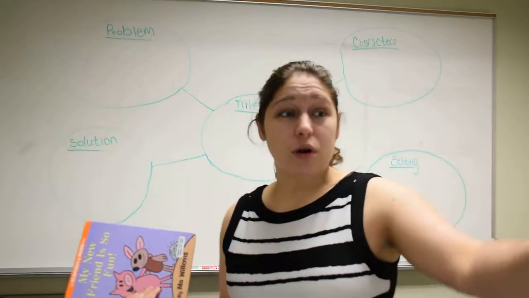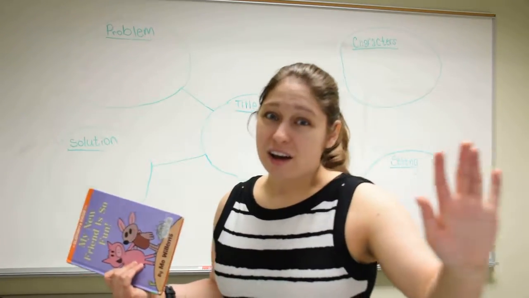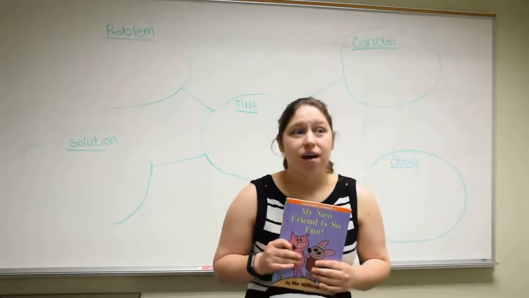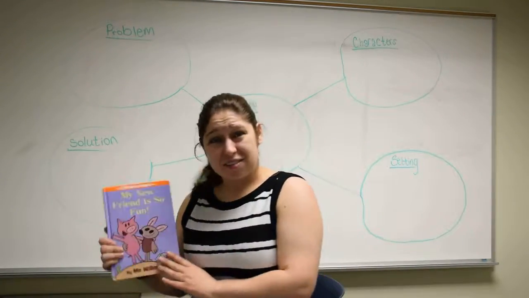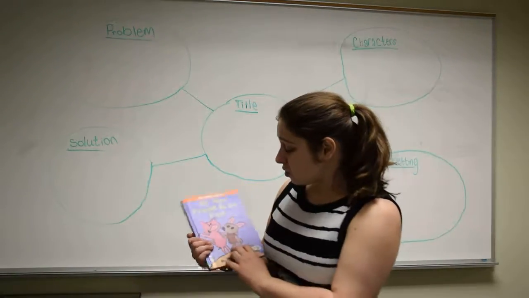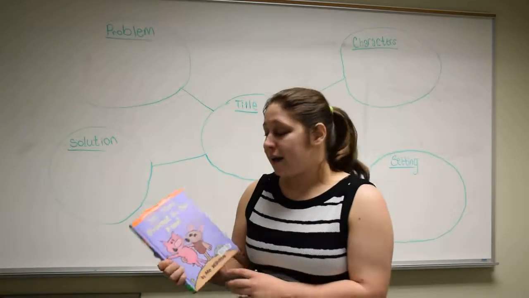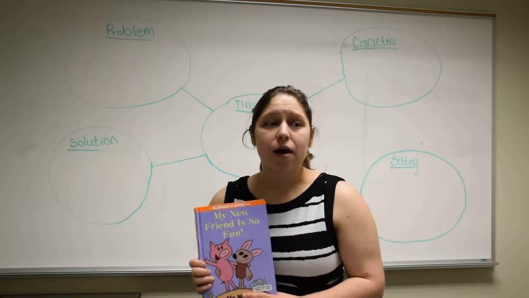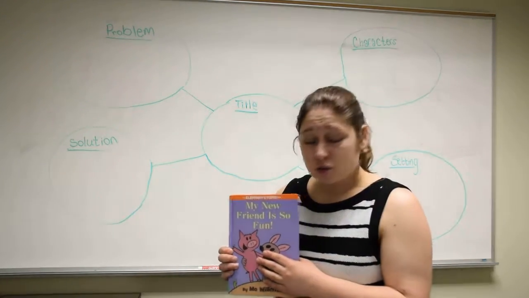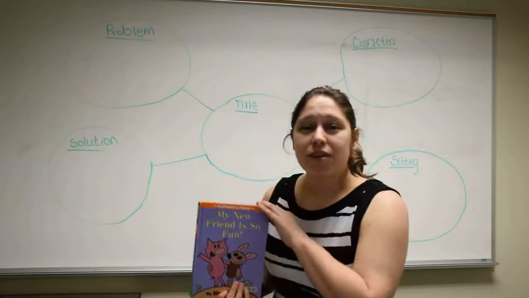So I will not bore you as teachers with the entire plot or reading of My New Friend is So Fun. We're just going to talk about the plot line. Basically, the plot line of this book is that, as you can see here, we have Piggy and Brian the Bat, who have become friends, and they're playing together, they're very excited about it. Gerald the elephant, who is Piggy's best friend, first, when he finds out about this, is very excited.